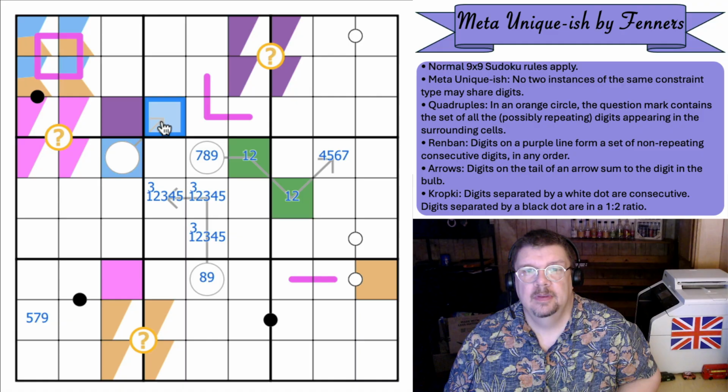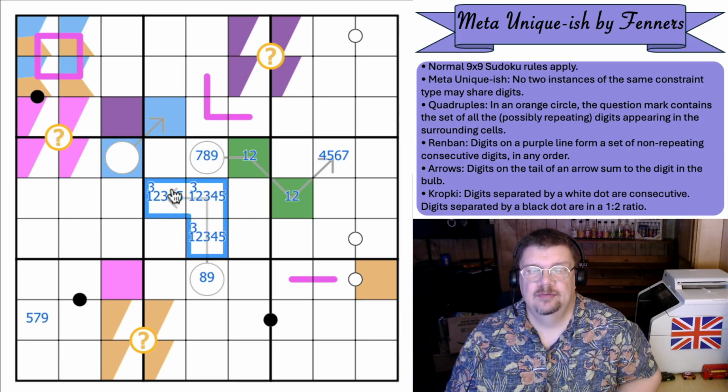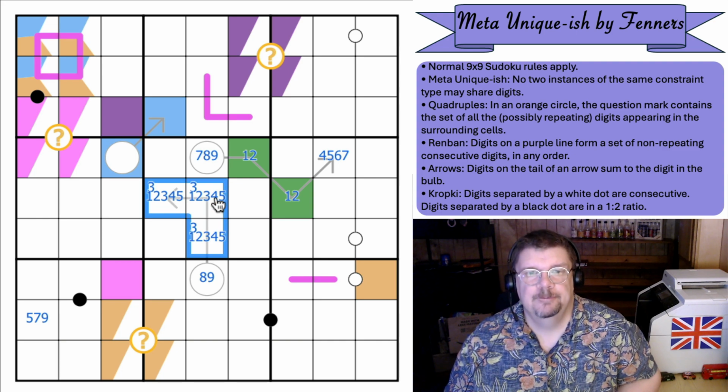So let's have a look at these arrows again. If this is 1, 2, 4, 1, 3, 4, making 8, then obviously 4 is used. So that's nice and easy.